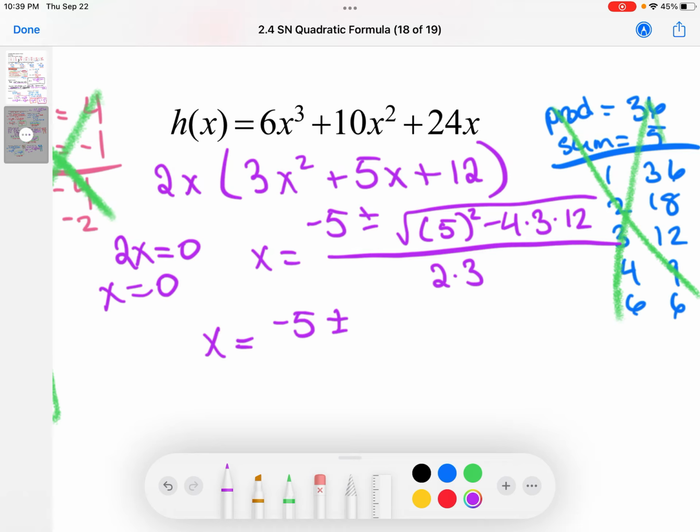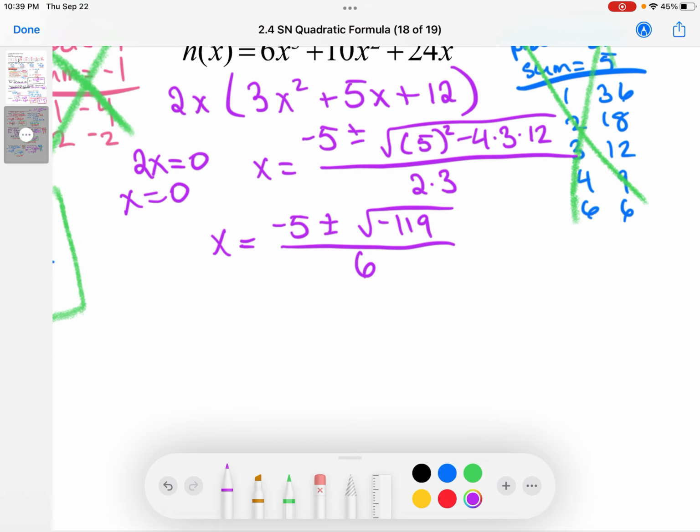So x equals negative 5 plus or minus square root of, that's going to be 25 minus 12 times 12, so 144. 25 minus 144, this is negative 119, and all this is divided by 6.